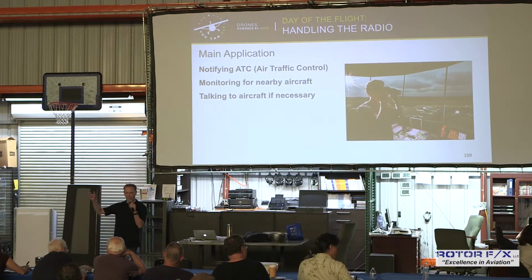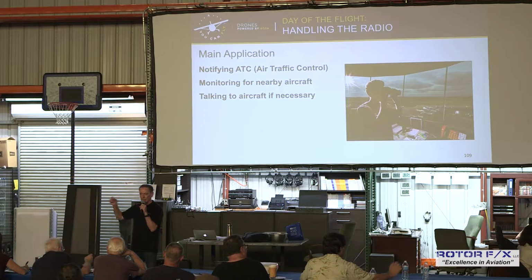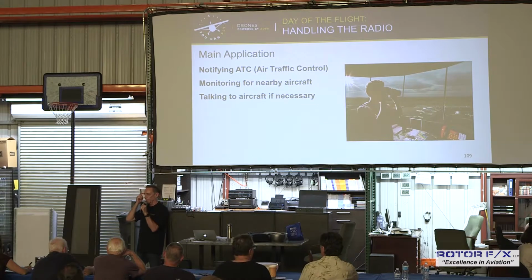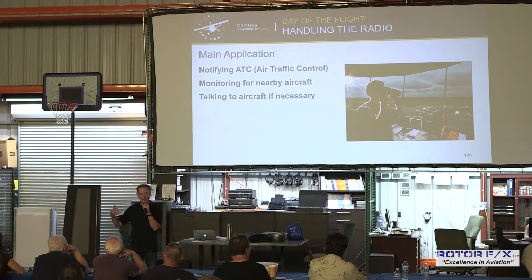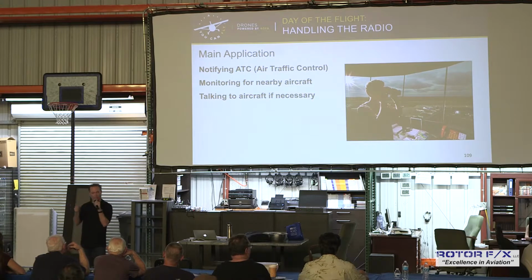In other words, you're not going to be out there 2 miles away from a Class C airport and call the air traffic control tower for that airport and say, okay, I'm getting ready to take off, right? That's not the level of communication that they're set up to handle. They just can't handle that volume of communication. So you're not going to want to do that, but you want it for an emergency.